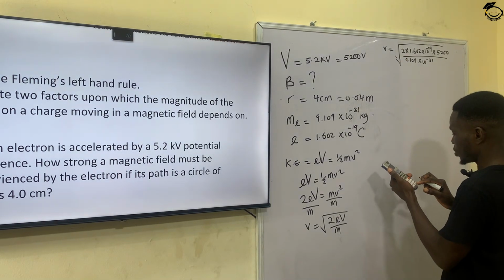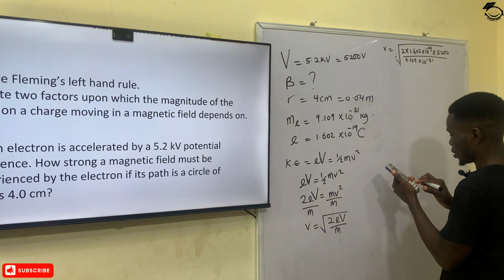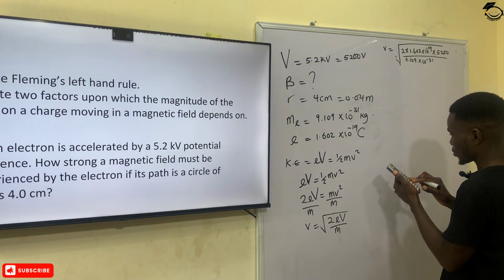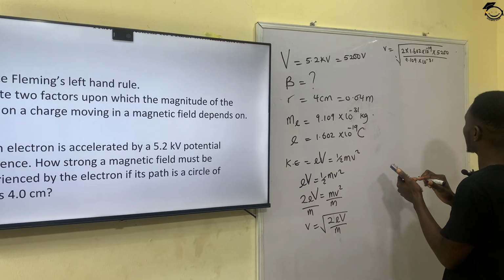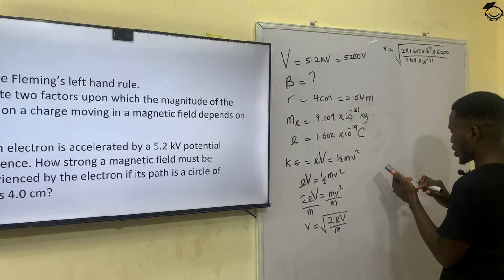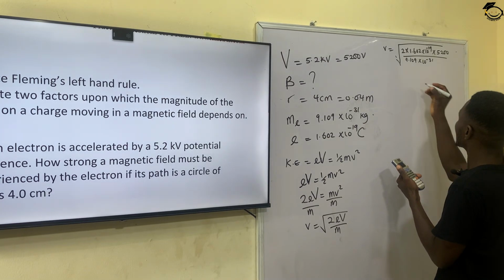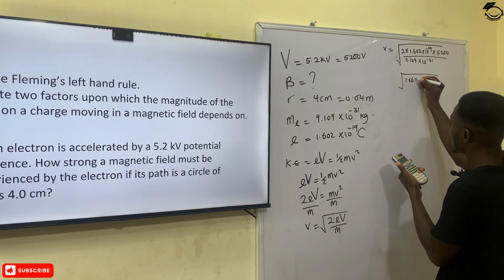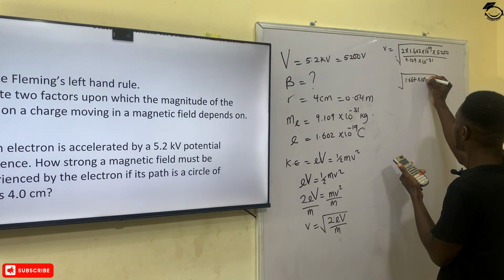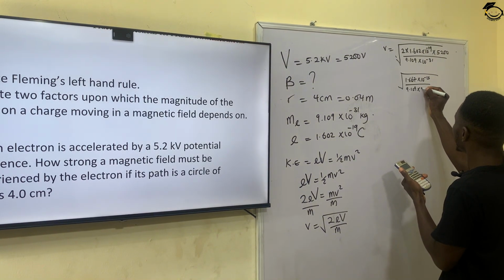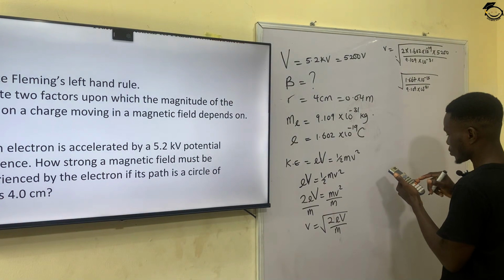If I calculate this, 2 times 1.602 times 10 raised to power minus 19 times 5200 will give me 1.667 times 10 raised to power minus 15, divided by 9.109 times 10 raised to power minus 31.